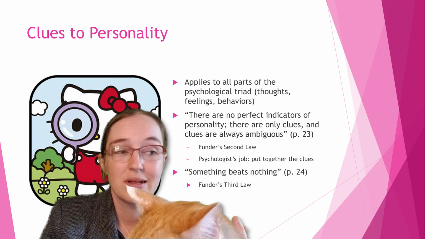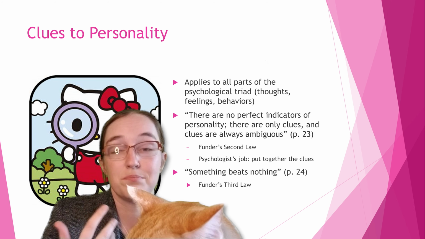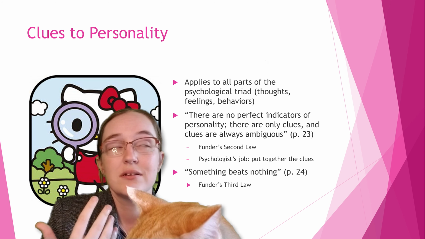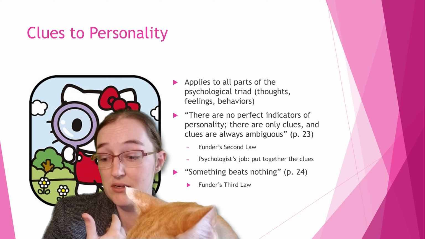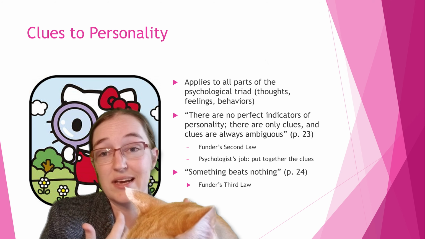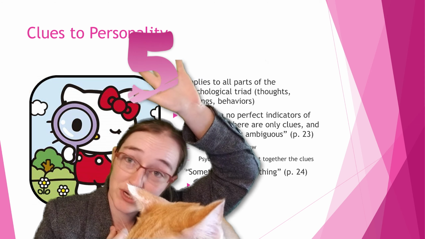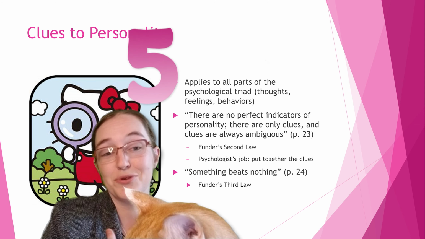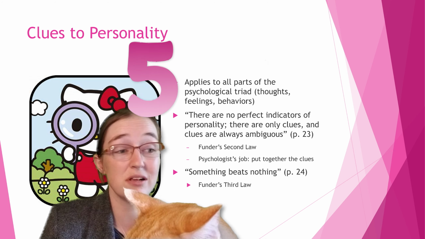These clues are really any observable aspect of personality, because we can't directly observe personality. I mean, you can see people's behavior, but you can't observe their latent extroversion score. You don't see a 5 floating above their head saying, hey, I'm extroverted. You have to infer it from evidence and these clues all around you.